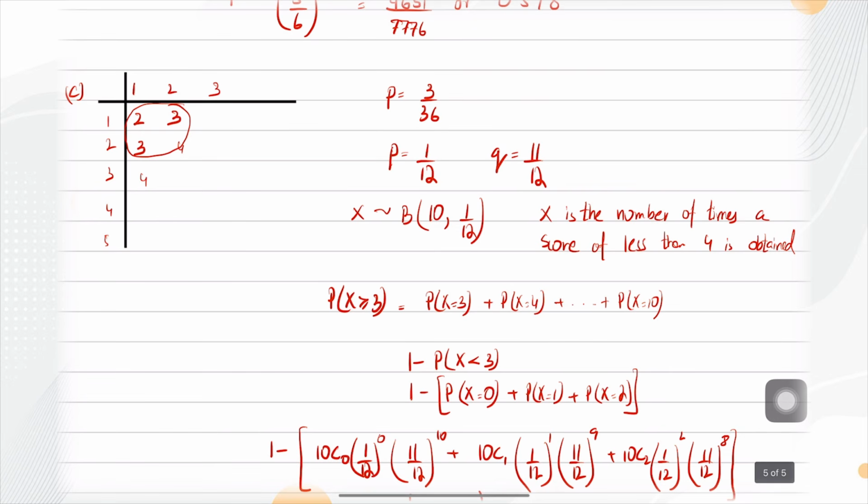So that means 0, 1, 2. If we subtract that from the total, we have the opposite, which is a sum of less than 4 obtained at least 3 times. Okay, any questions? No, sir, I understand. All right.